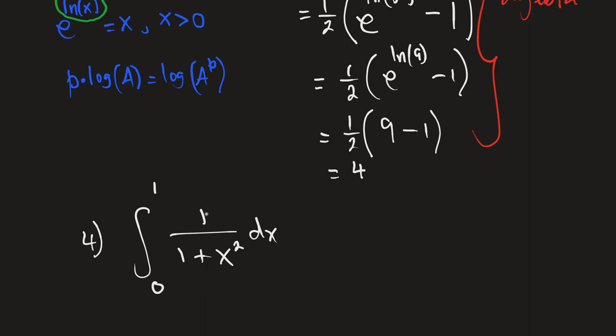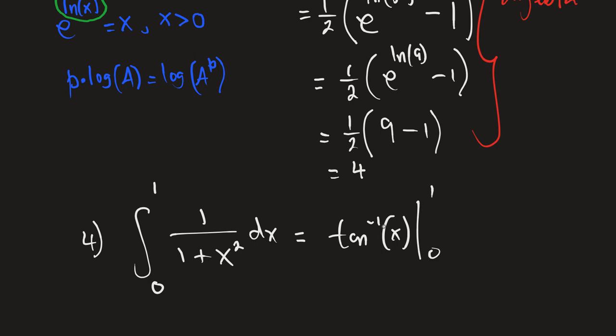Now this function, you see the 1 over and you might be inclined to think that it's a natural log, but it's not a natural log because the denominator is not linear. What we have is a quadratic in the denominator, and what you should remember is that this is your arctangent derivative from Calc 1. So the antiderivative of 1 over 1 plus x squared is arctangent of x, so you can write it like that.